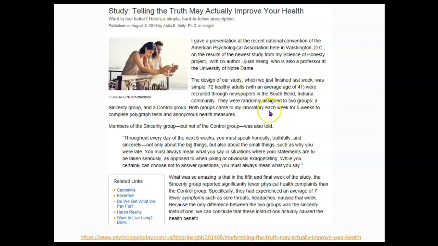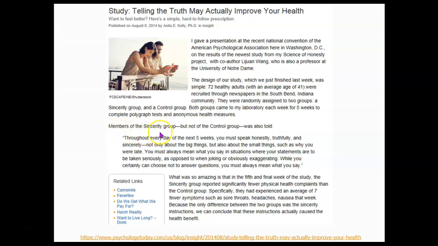As this person described it, they got 72 healthy adults recruited through newspapers in the South Bend, Indiana community. They were randomly assigned to two groups, a sincerity group and a control group. Both groups came to the laboratory each week for 5 weeks to complete polygraph tests and anonymous health measures.